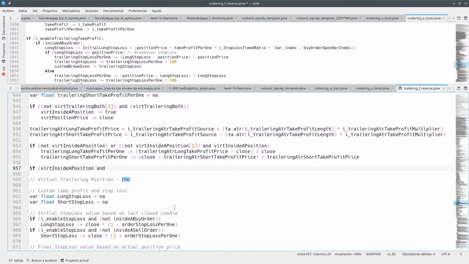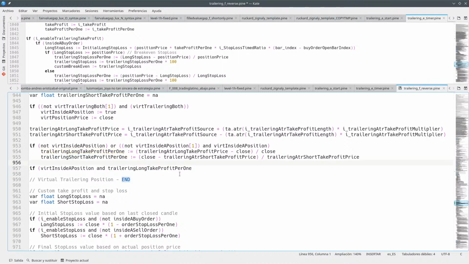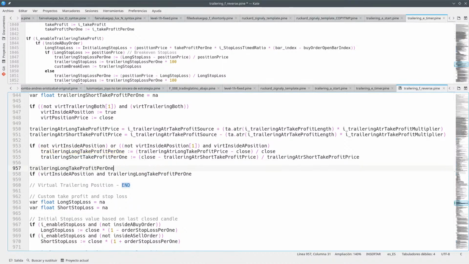Trailing take profit. Yeah, maybe we can, was reached.